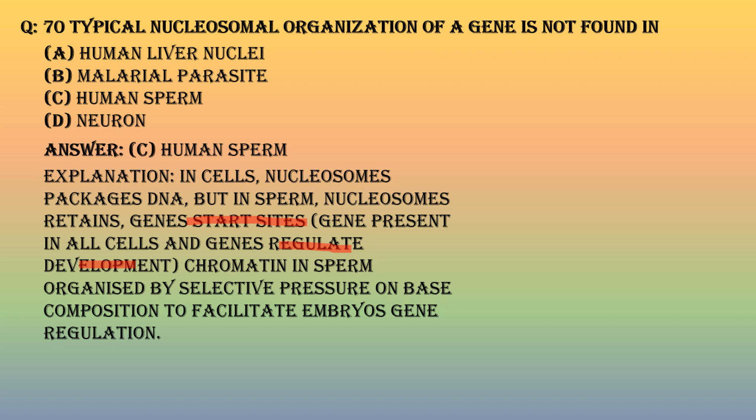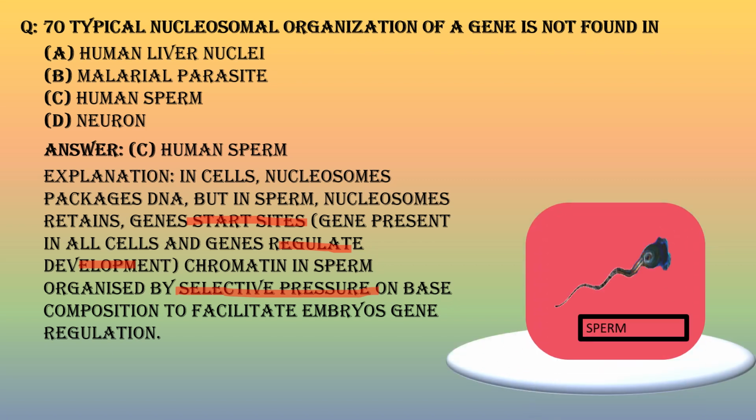Okay, so the chromatin in sperm is organized by selective pressure on the base composition to facilitate the embryo's gene regulation. So only needed genes are present in the human sperm. Okay, next question.